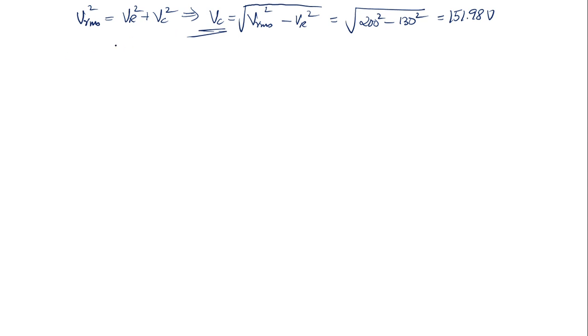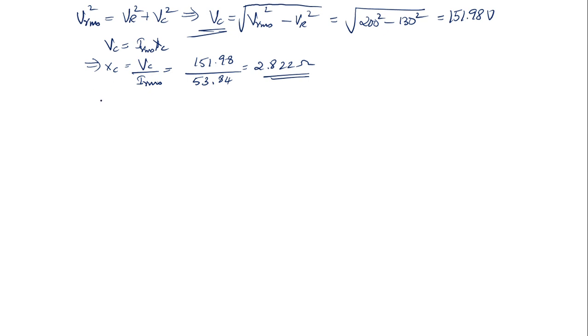Our equation is VC is equal to I into XC, so XC is equal to VC divided by IRMS. That will be 151.98 divided by 53.84, and you will get the value of XC as 2.822 ohms.